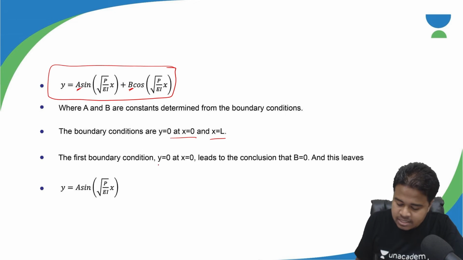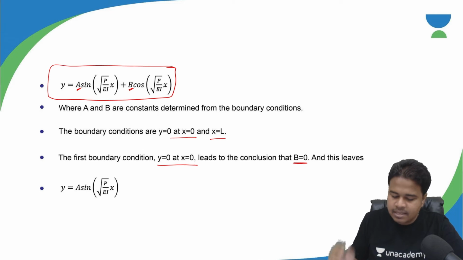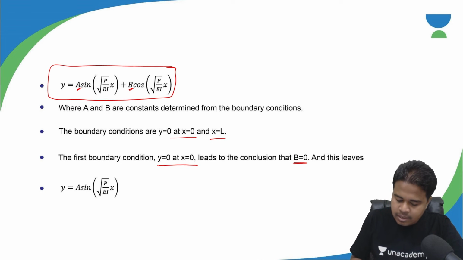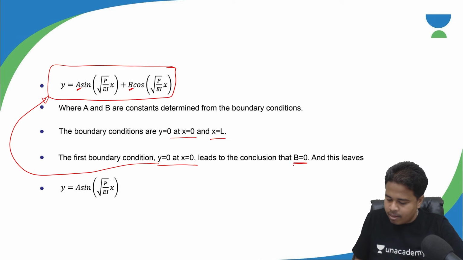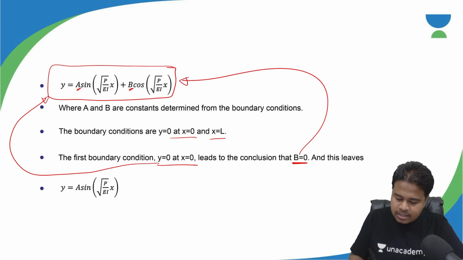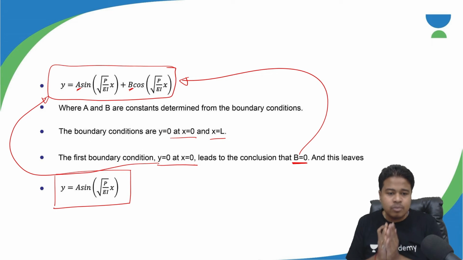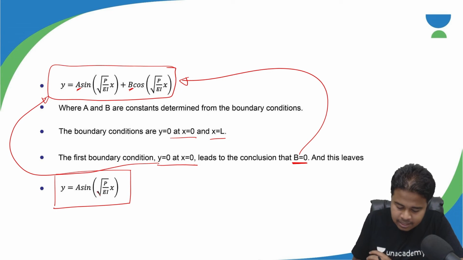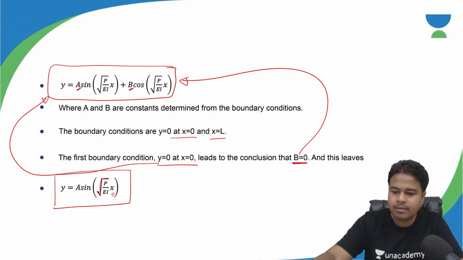The first boundary condition is x equals 0 and y equals 0. Put the value here, put x and y equal to 0, and you will get b equals 0. Once you put b equals 0 in this equation, you will get y equals a sine of root P upon EI into x.